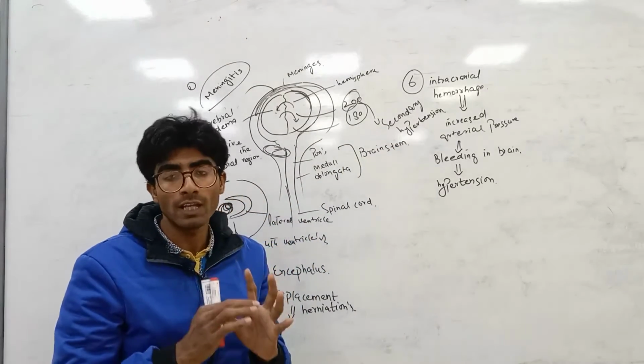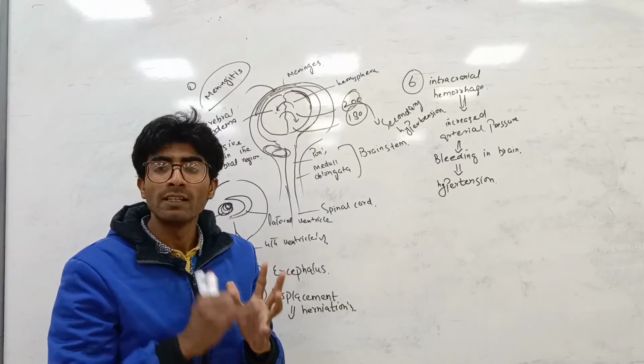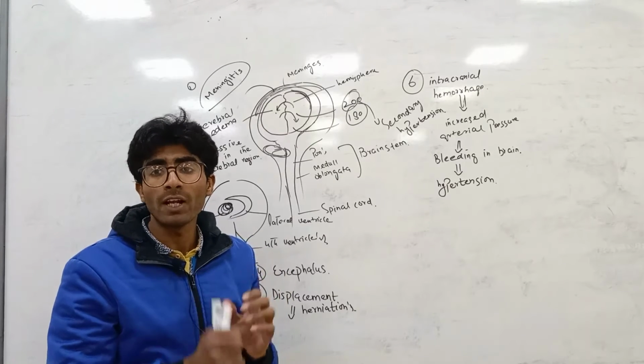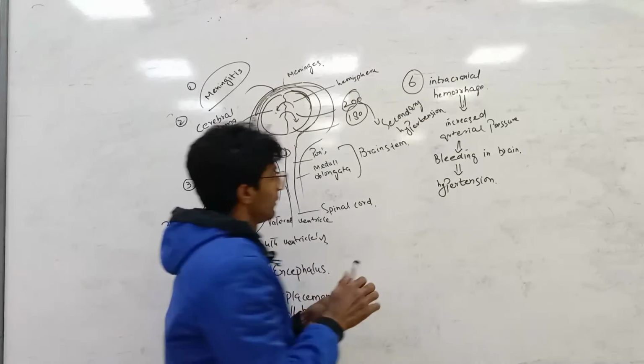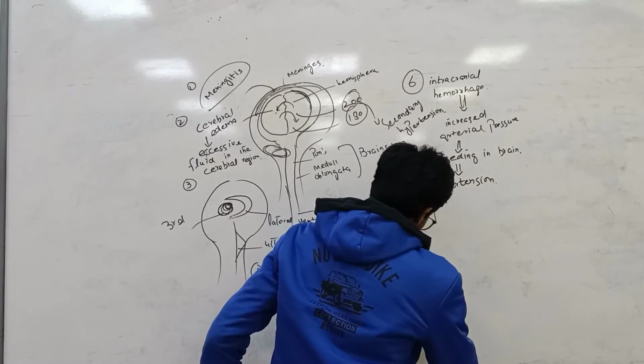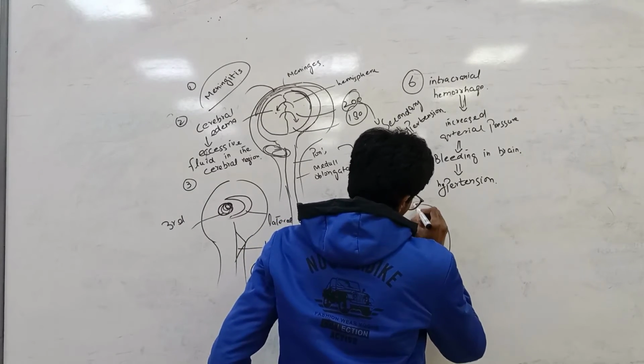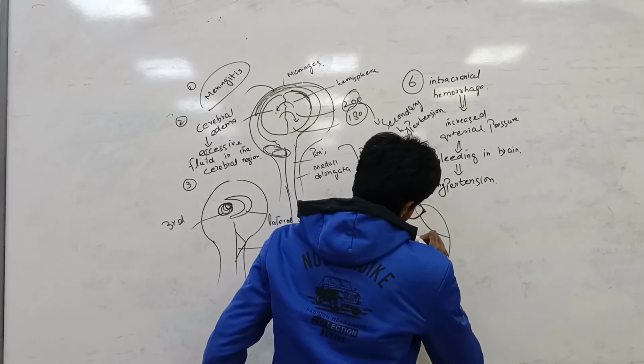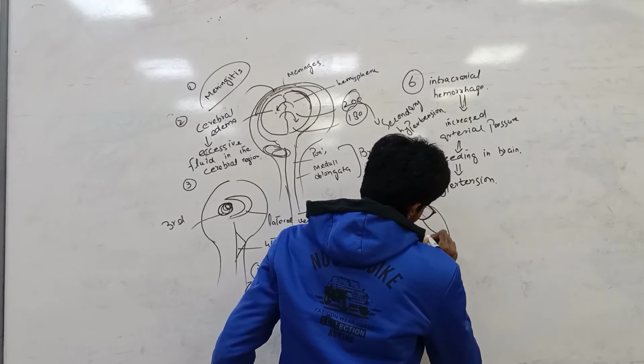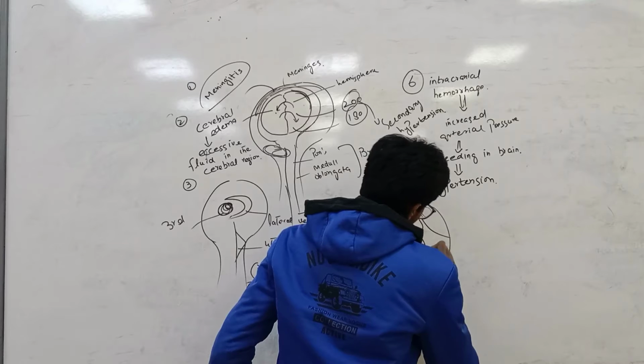There are types of hemorrhage: epidural, subdural, intraventricular. Sometimes hemorrhage happens here and sometimes it happens here.